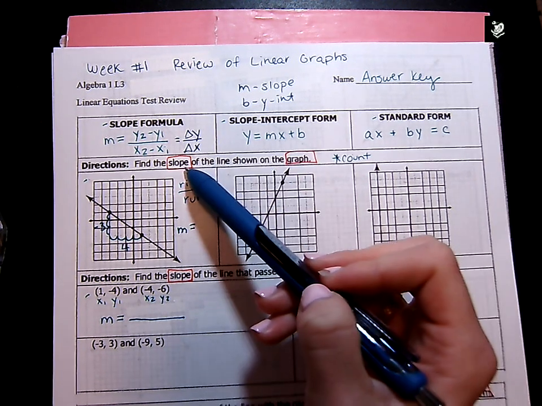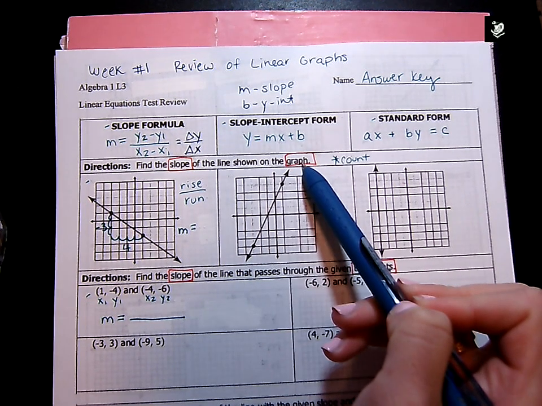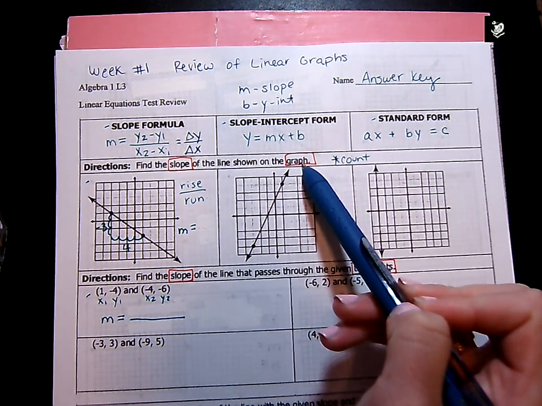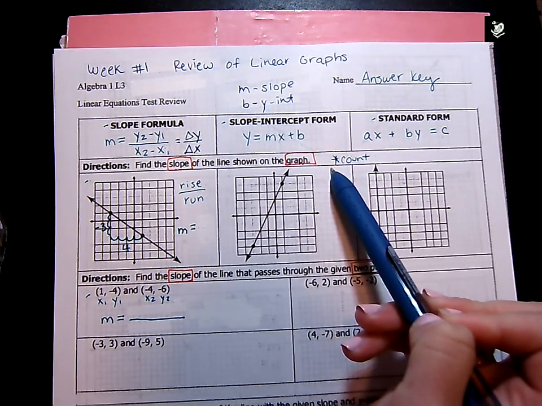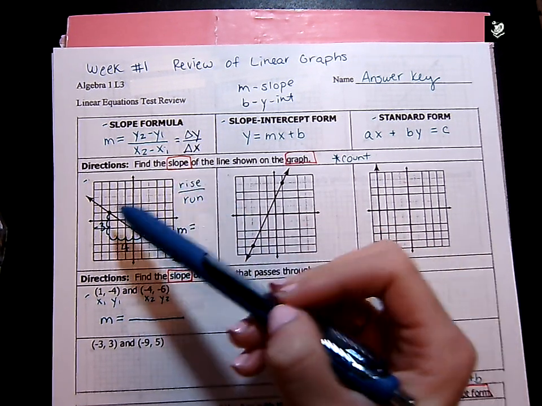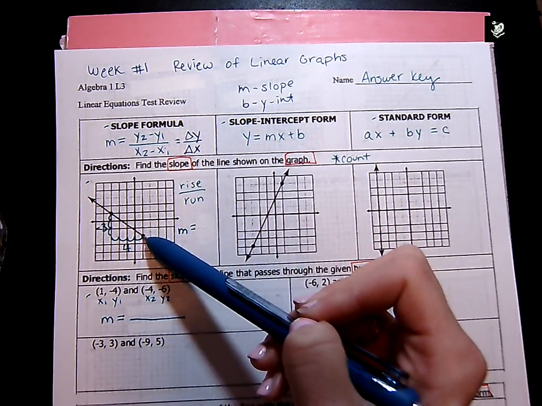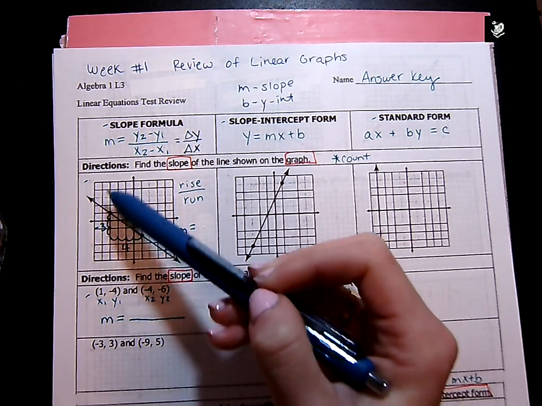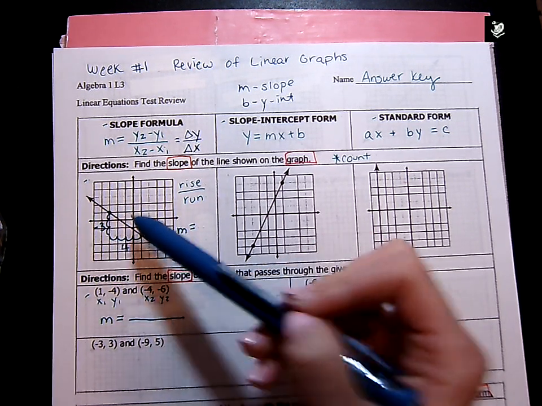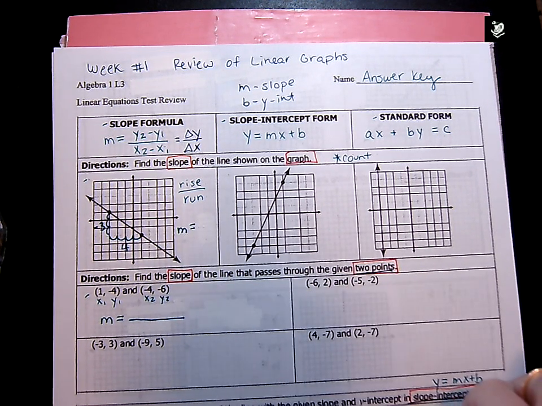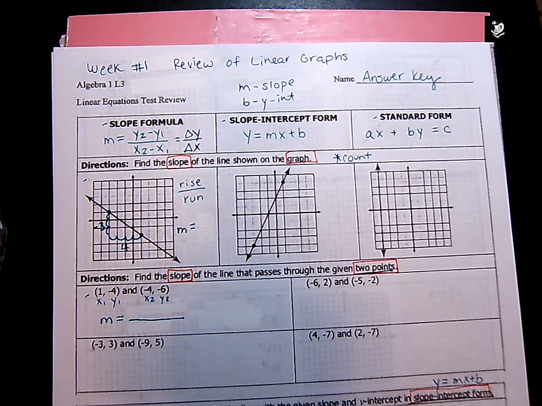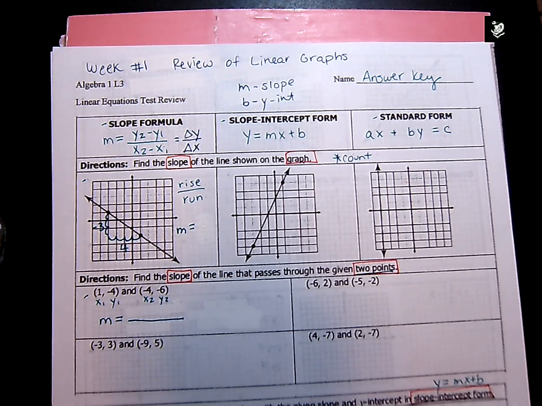The first thing we're going to do is find slope on a graph. When we're finding slope on a graph, the easiest thing to do is to count. As you can see, I have two dots that are created for me. All I have to do is figure out, do I have to go up and down or left and right to get to the next point? A lot of people were getting confused about whether it should be positive or negative.